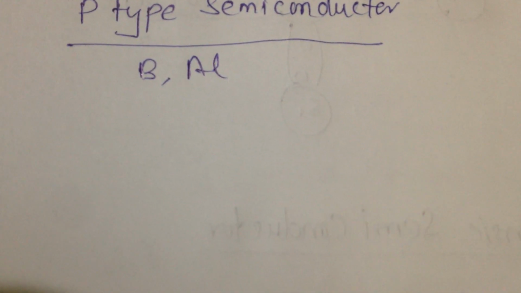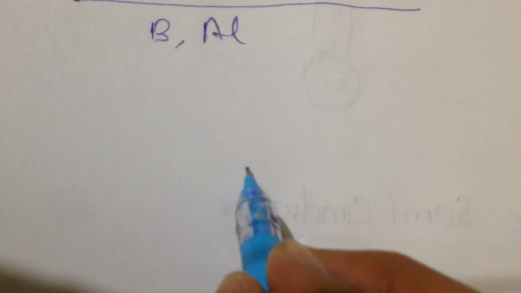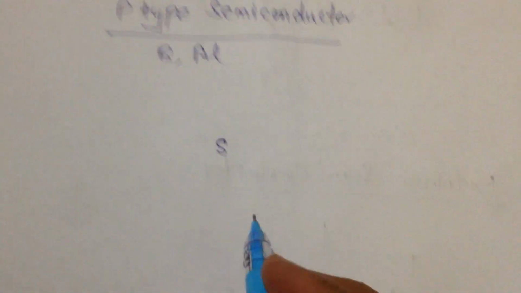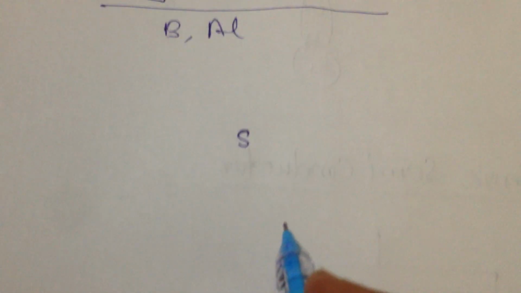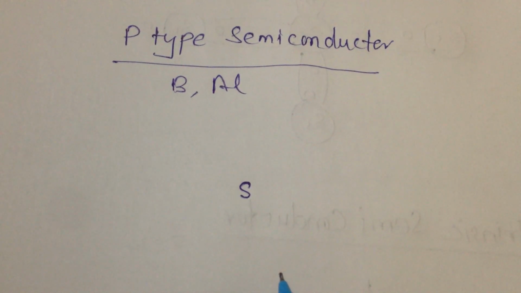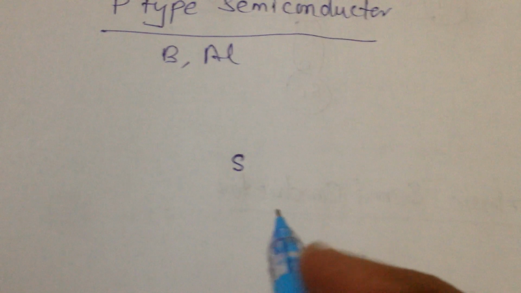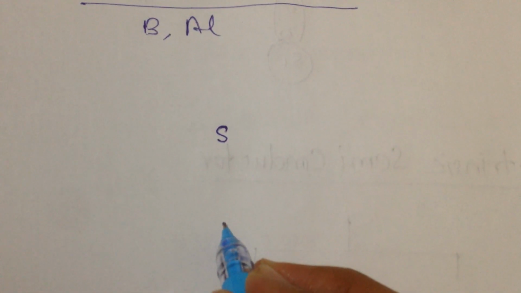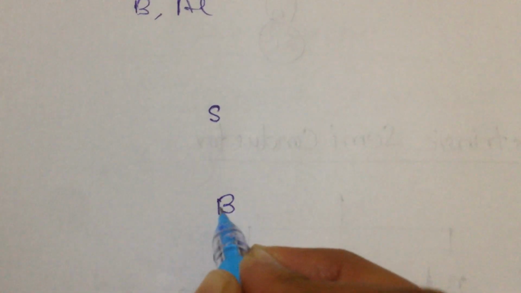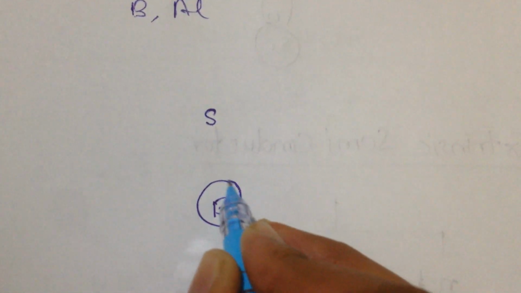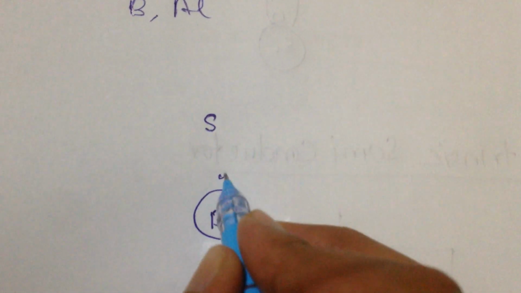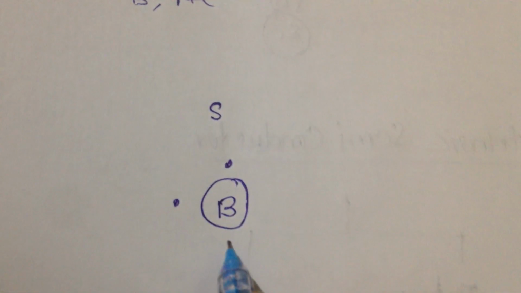When we add trivalent impurities to the pure or intrinsic semiconductor, let's say silicon, this type of semiconductor is called a P-type semiconductor, and the majority charge carriers here are holes. Let us see how the conduction takes place. I add boron to the silicon. Boron has 3 electrons in its outermost orbit.